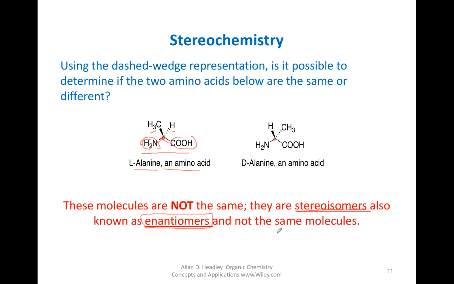Enantiomers, so they're not the same molecule. So you know where this is going: you'll be given different molecules drawn in the dashed wedge representation, and you need to determine if they are enantiomers or the same molecule.